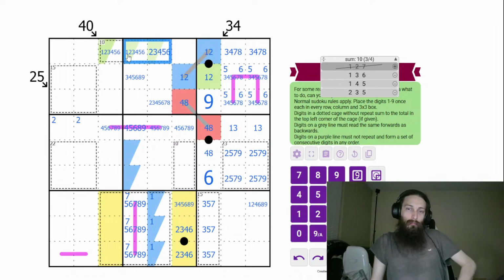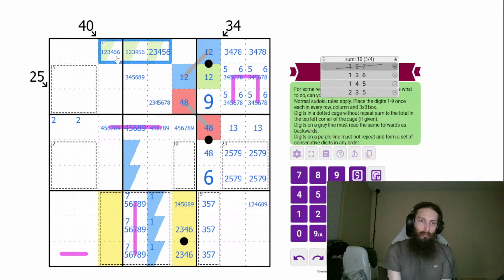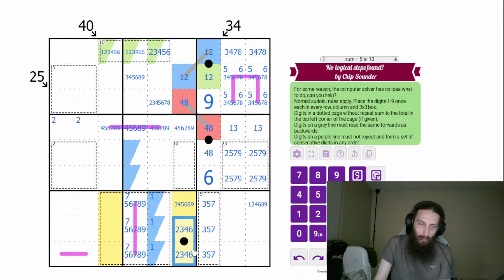This has to have 5 or 6 on it. Green is either in the 10 or here.